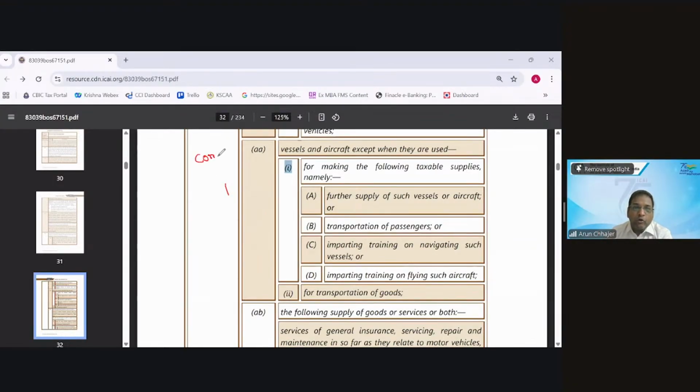Now let me go to the definition of composite supply. Just 2 minutes, I am going to the definition of composite supply. What is composite supply?